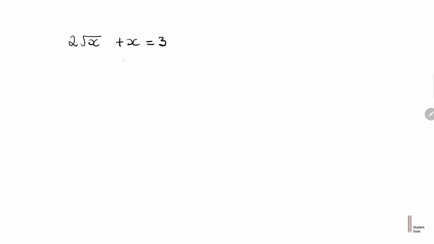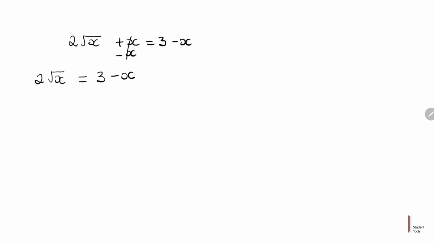So we'll do that by subtracting x here and also subtract x on the right hand side. So this will be 0, and here we'll be left with 2 root x equal to 3 minus x. Yeah, so we have a square root here.